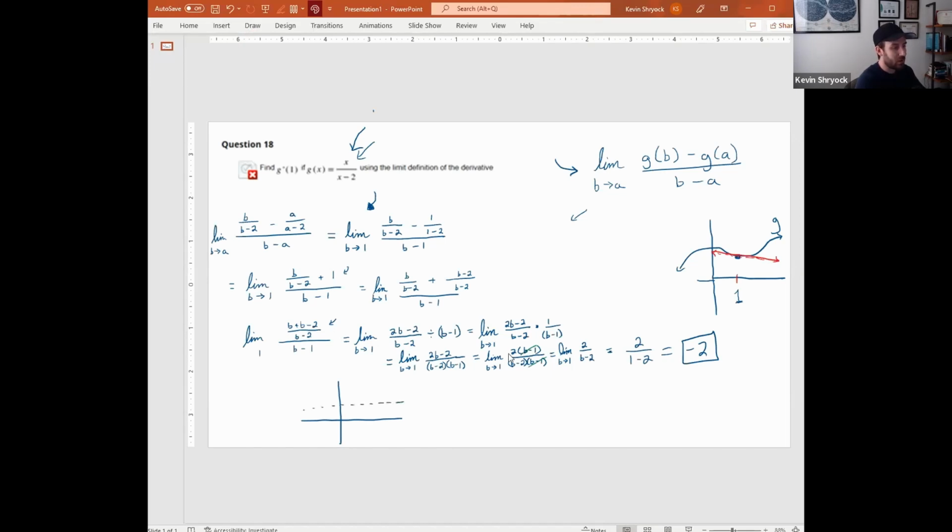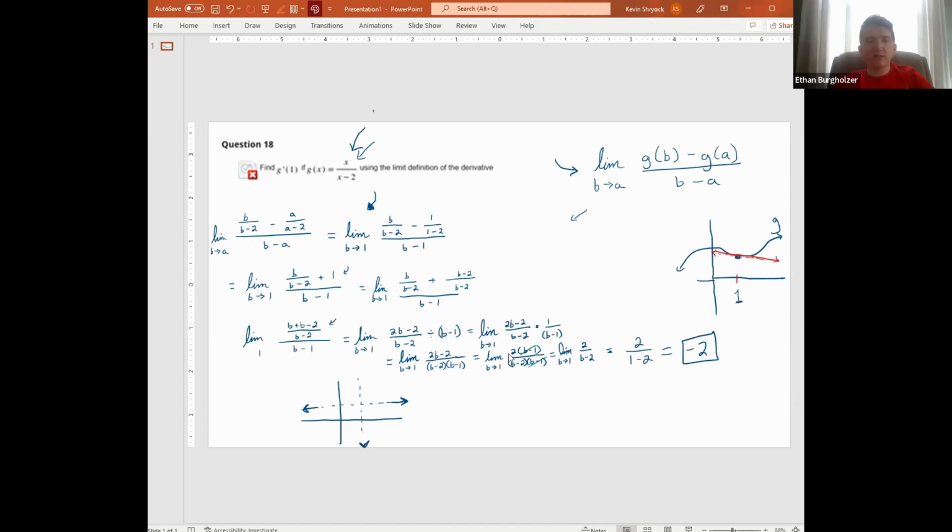So I'm going to get towards 1 as a height the further I go to the right. I'm going to get 1 as a height the further I go to the left. And I also have a vertical asymptote at 2, because I would have a divide by 0 error at 2. So I could sketch in an asymptote at 2.